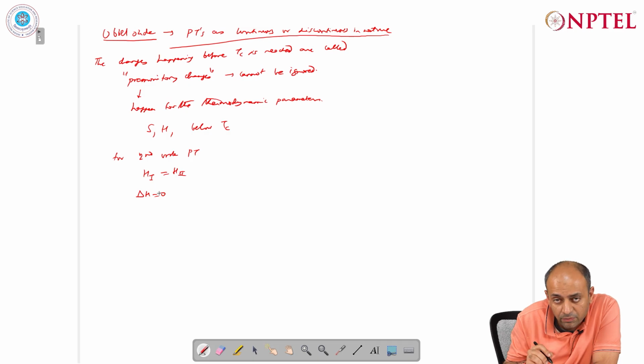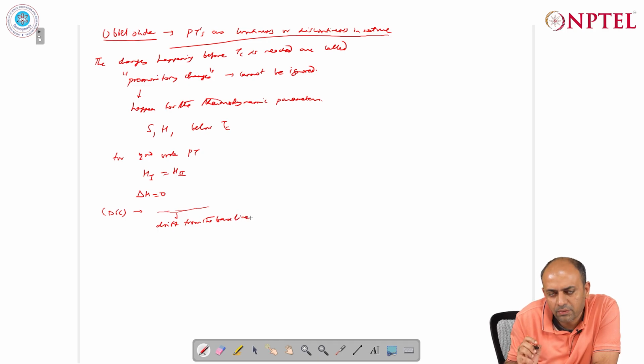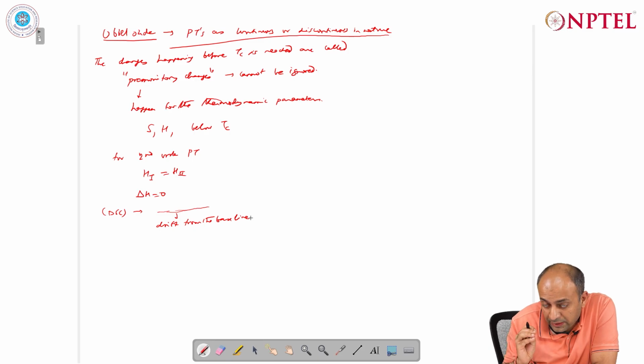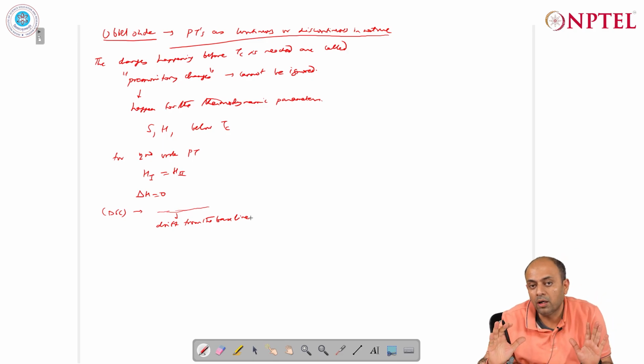But in reality, when you actually map the second order phase transition using, for example, DSC, you will see that there is a minor drift from the baseline, indicating that no matter whatever the order of the phase transition, as long as there is a structural change, even of a very subtle kind, it will always have the character of first order in it.